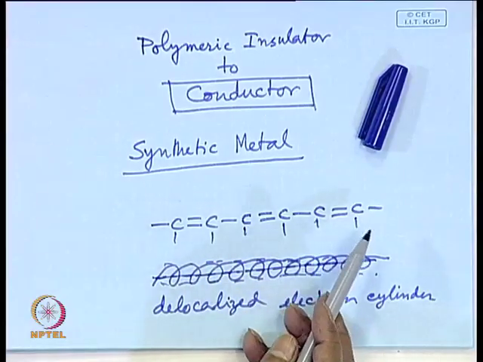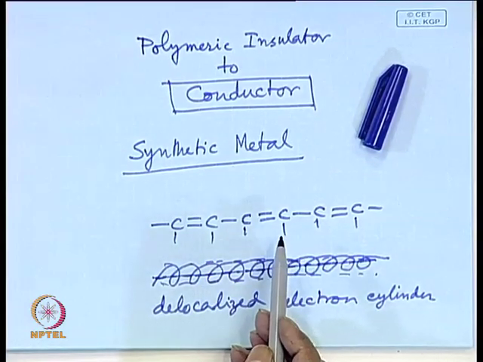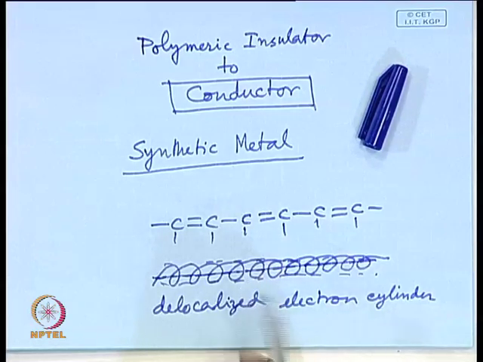Now, actually, see, you are right, this type of system represents polyacetylene, because acetylene has got 1 sigma 2 pi bonds, but it is difficult to polymerize. It cyclizes. It cyclizes to form benzene.